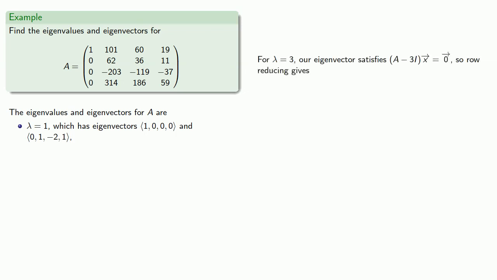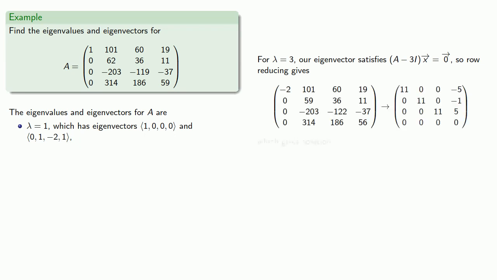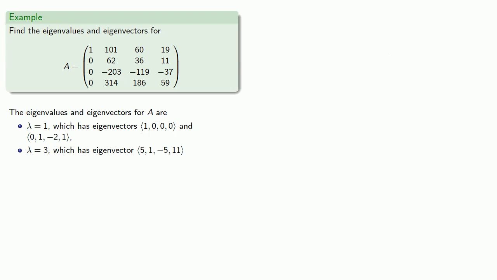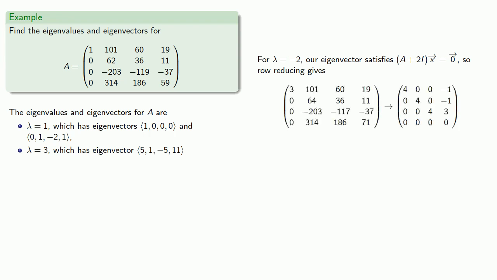So for lambda equals 3, our eigenvector satisfies A minus 3I applied to x gives us the zero vector, so row reducing gives us a corresponding eigenvector. And similarly, for lambda equals -2, our eigenvector satisfies A plus 2I applied to x gives us the zero vector, so again, row reducing gives us the eigenvector.